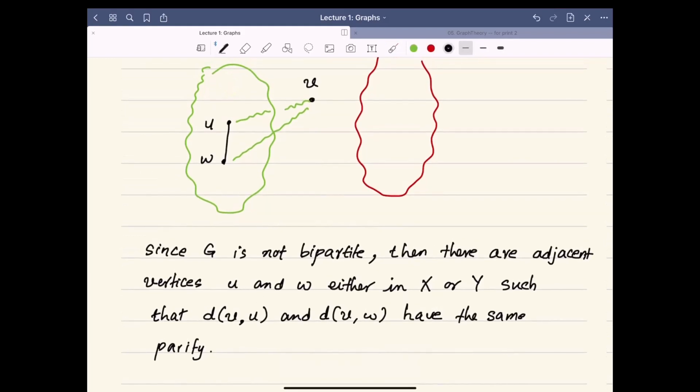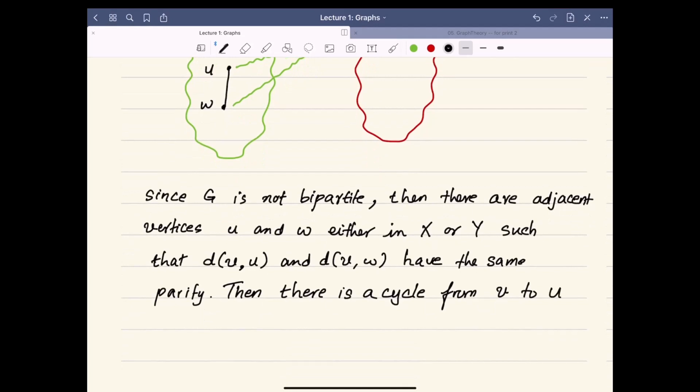Now, where will we find the contradiction? Then there is a cycle from V to U to W and then come back to V. Where is this cycle?